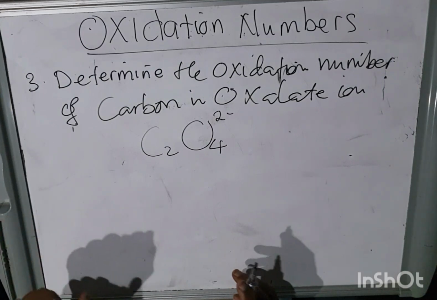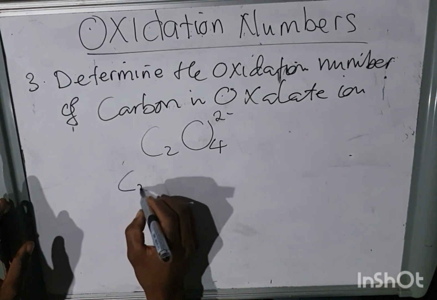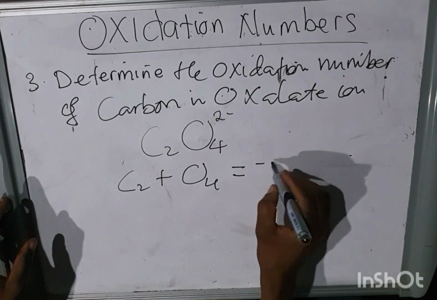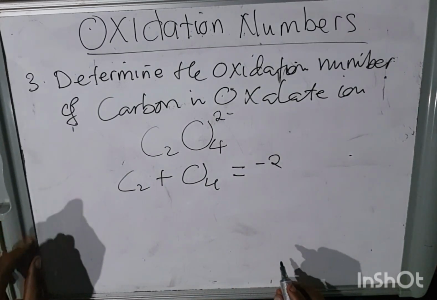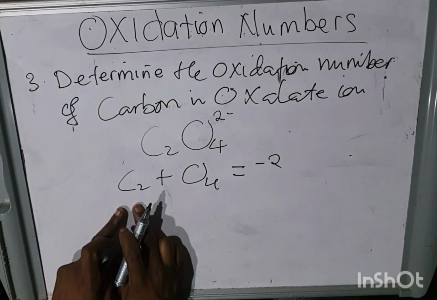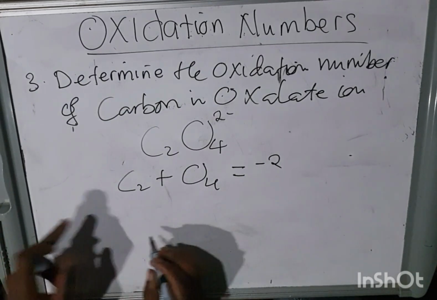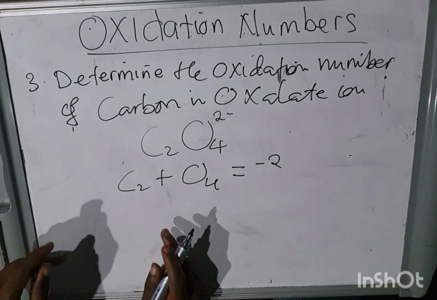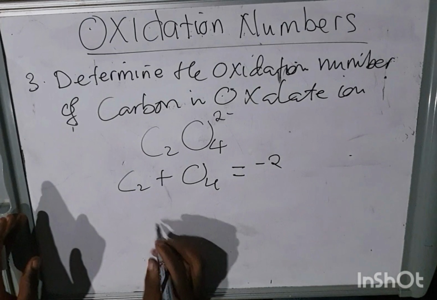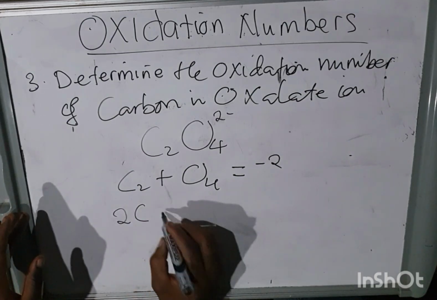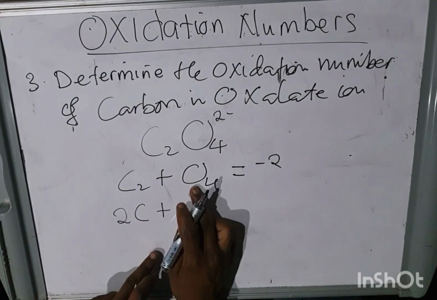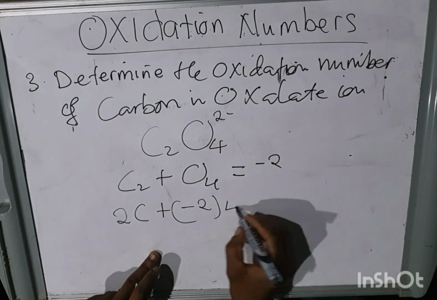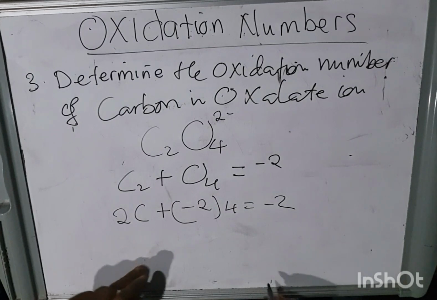Okay, so what we're going to do here, we have carbon 2 plus oxygen 4, which is giving us -2. We want the oxidation number for carbon, we know it for oxygen, so we don't know for carbon, and we have two carbons here, so we are going to say 2 carbon plus the oxidation number for oxygen, which is -2 multiplied by 4, equals -2.